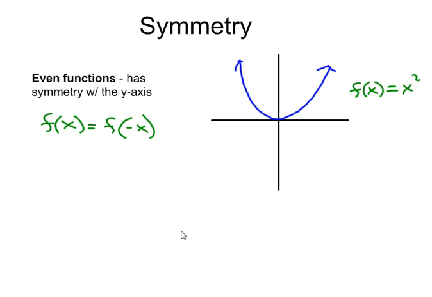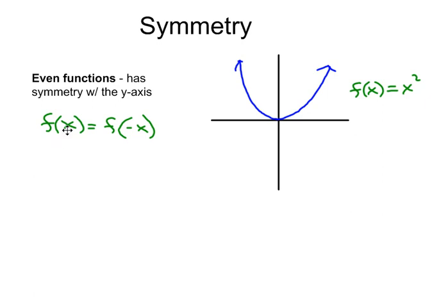Symmetry is the next concept that they want to talk about. An even function has symmetry with the y-axis. So if you look at the function I have here, which is f of x equals x squared, it is the same to the left as it is to the right. If you can imagine folding the function along the y-axis, it would match up.